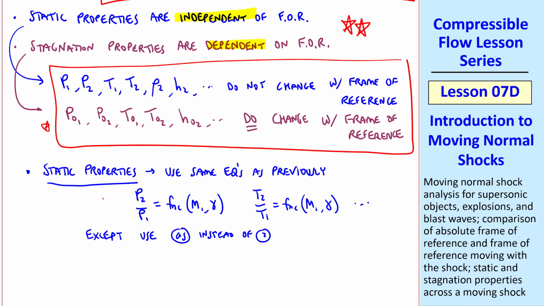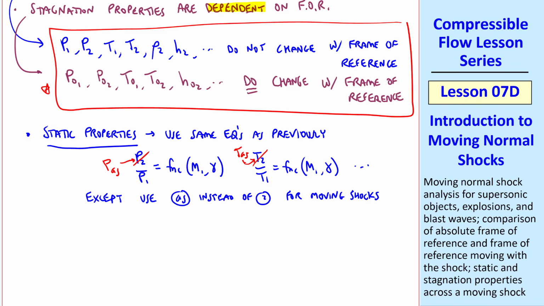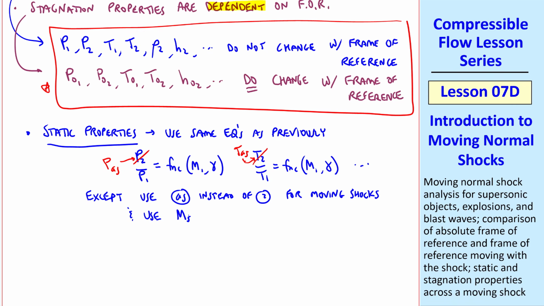So instead of P2, we write PAS, and TAS instead of T2 for moving shocks, and we use MS instead of M1 for moving shocks. So we call this MS here and here. But MS and M1 are the same anyway, so this one is not as critical.